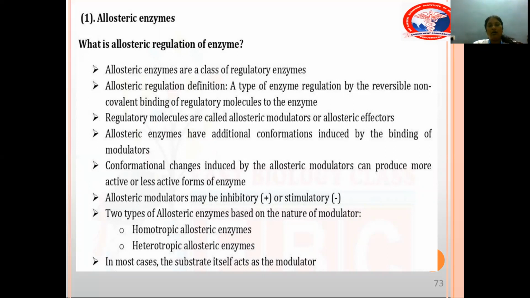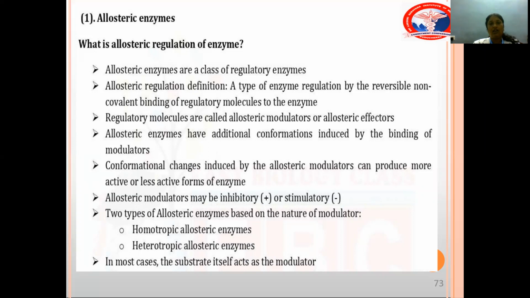What happens? There will be a weak binding of regulatory molecules. Apart from the substrates, we have certain molecules called allosteric modulators, or also called allosteric effectors. These are the regulatory molecules which will bind to the enzyme by weak non-covalent interaction. We have a site in the enzyme where the substrates come and bind. That is called the active site. We all know that.